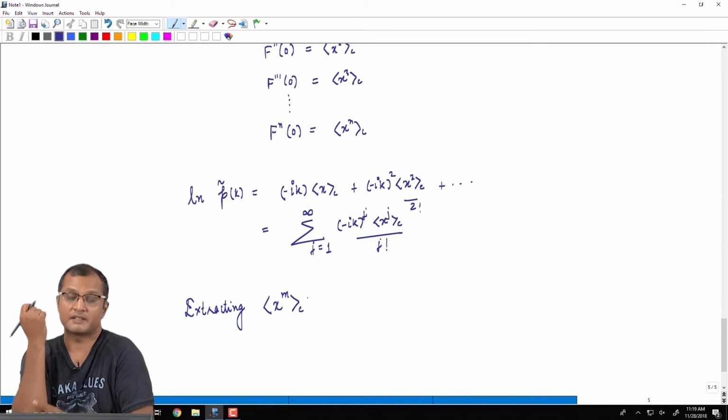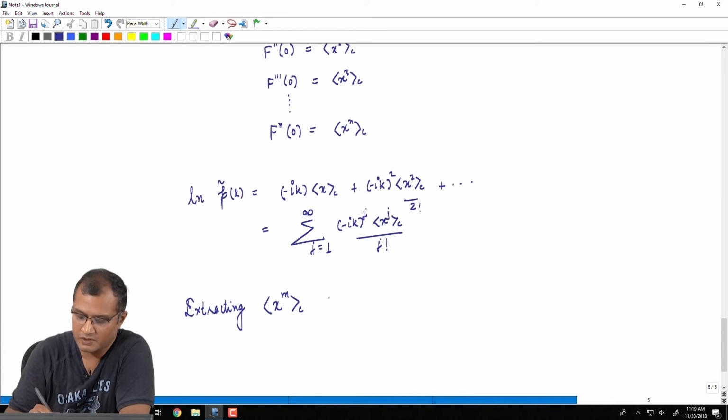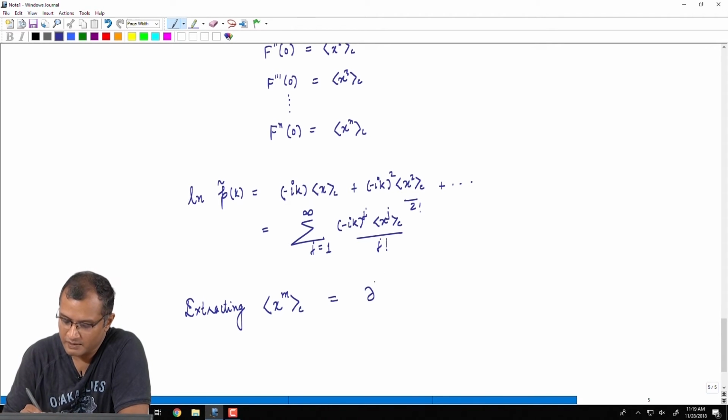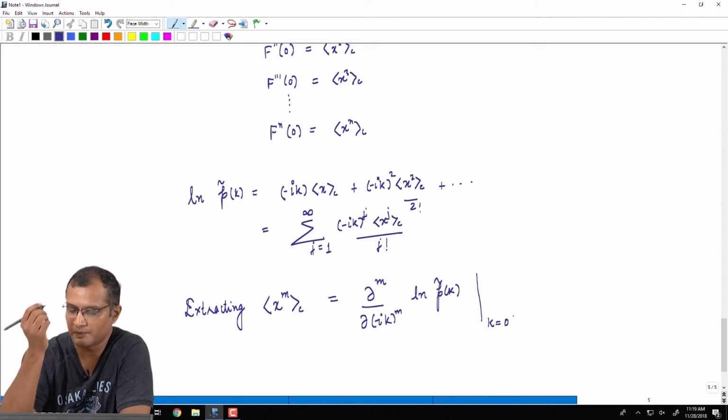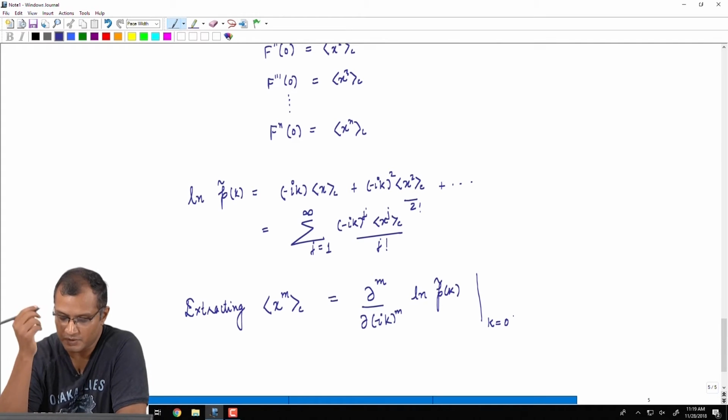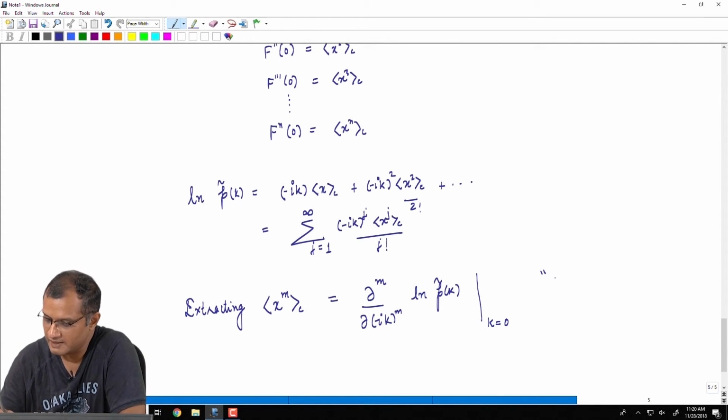All you have to do is take the mth order derivative of the left hand side, that eliminates the coefficient, and you can write it down mathematically as d to the power m by d(minus ik) to the power m of ln p of k, evaluated at k equals 0. So that is why we can say that ln p of k is the generator of cumulants.